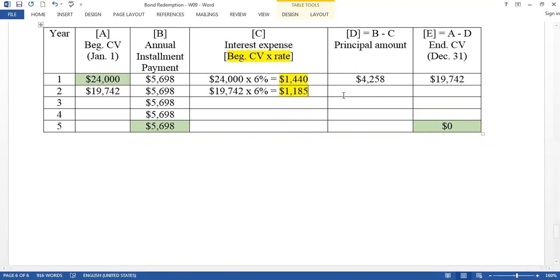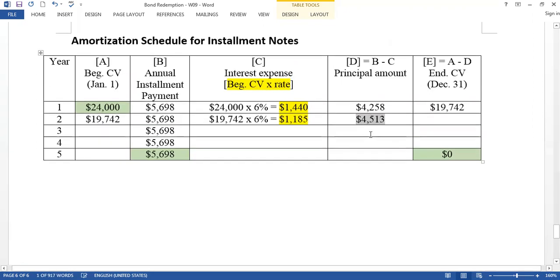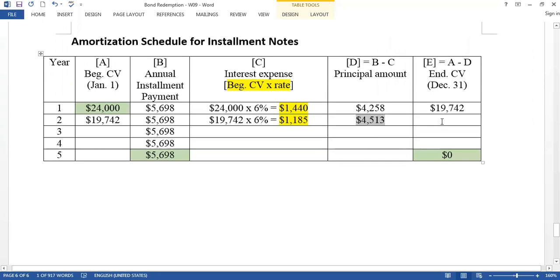If this is the interest expense of year 2, what is the principal amount? Principal amount is 4,513. So after paying this principal amount, at the end of year 2, what is our liability? Because we already paid some principal amount, right?